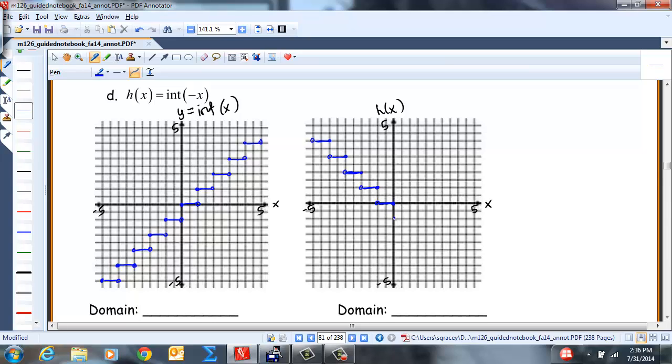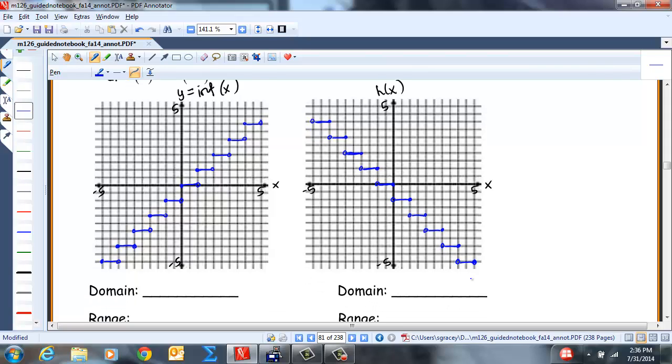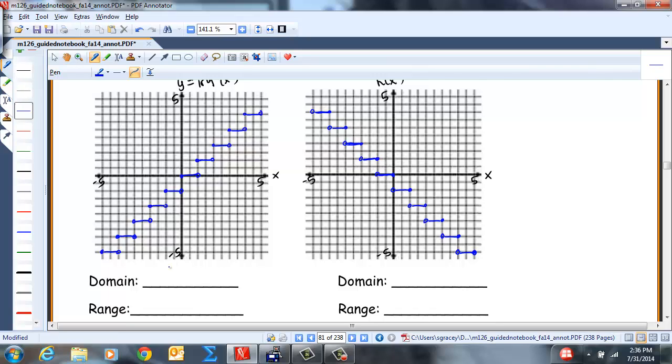And then we have these here. And you can see the reflection across that y-axis. So let's remember, this had kind of the strange range. The domain for each of these is going to be all real numbers, but the range is going to be the integers.